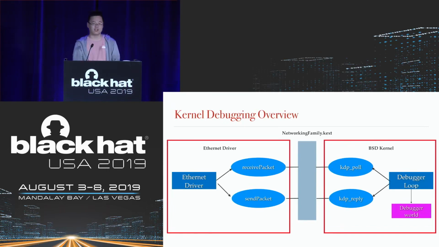This is an overview of kernel debugging. It mainly contains 3 parts. The Ethernet driver is responsible for implementing receive packet and send packet and other essential functions. The BSD kernel part is responsible for using the KDP poll and KDP reply handler to process debugger messages. And the networking family kernel extension is responsible for bridging these 2 parts.